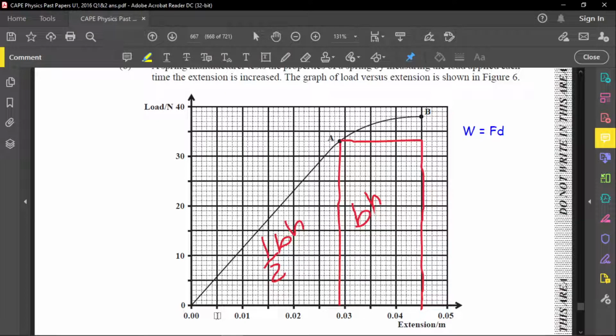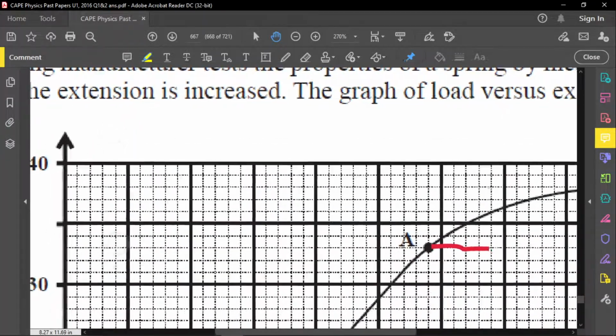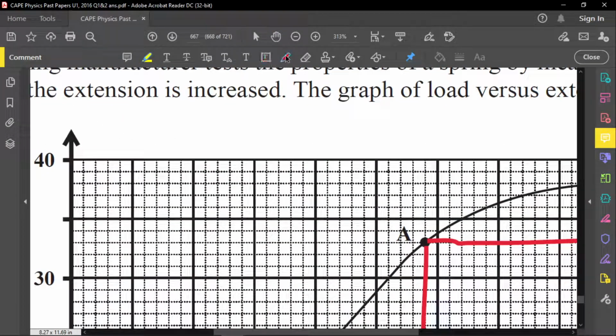So again, just to make it clear, I'm going to zoom into it and show you exactly what I'm talking about. One of these squares here. Let me draw it. So one of these squares, I want to make it clear to you what we're talking about.